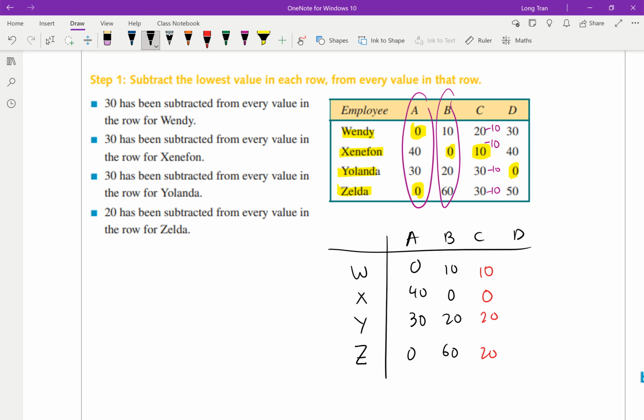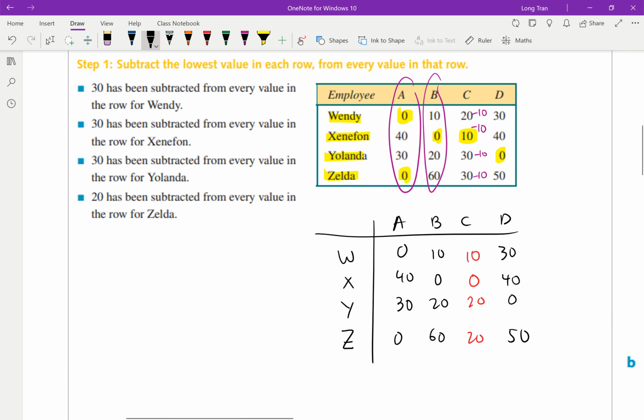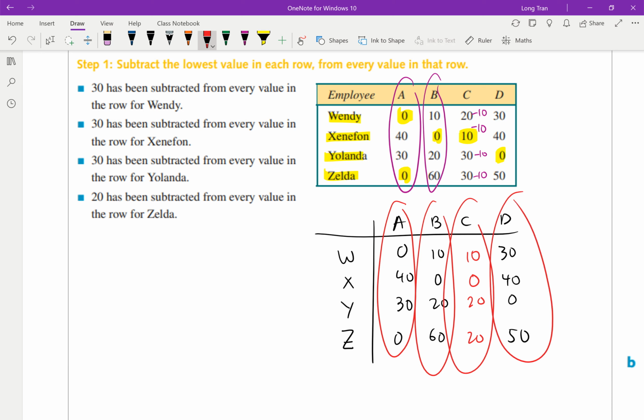And this is still 30, 40, 0, 50. Okay, so what was my third step? The third step was to make sure all columns have a 0. I now have every column has a 0. This one has a 0, this one has a 0, this one has a 0, this one has a 0.